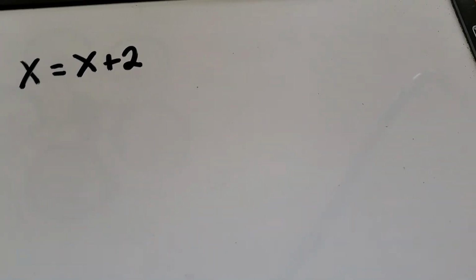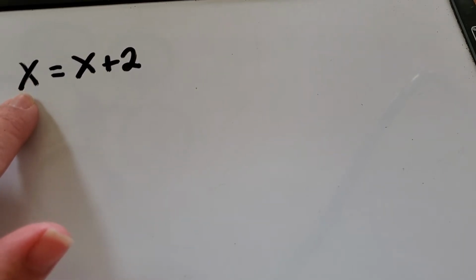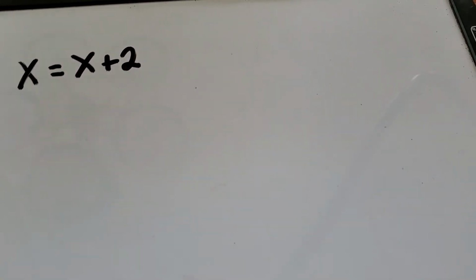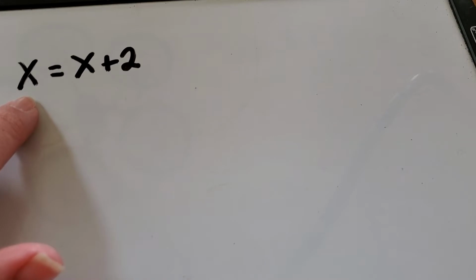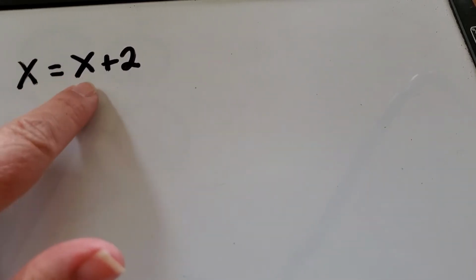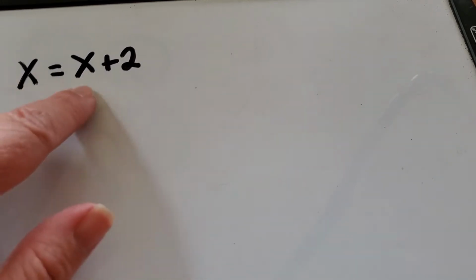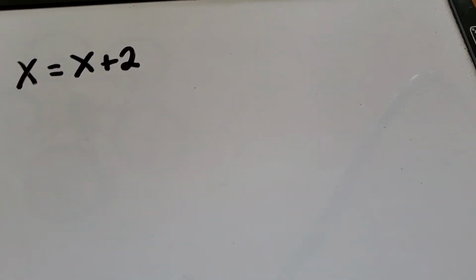I want you to think about this equation for a second. You're trying to find a value for that variable so that the value equals the same as that number plus 2. Does that even make sense? Think about plugging in numbers for x. Does 5 equal 5 plus 2? Does 6 equal 6 plus 2? No way. What if you even plugged in 0? 0 equals 0 plus 2? Definitely not.